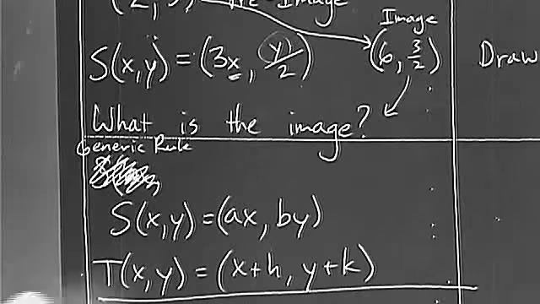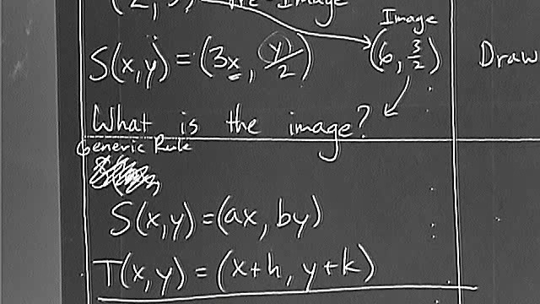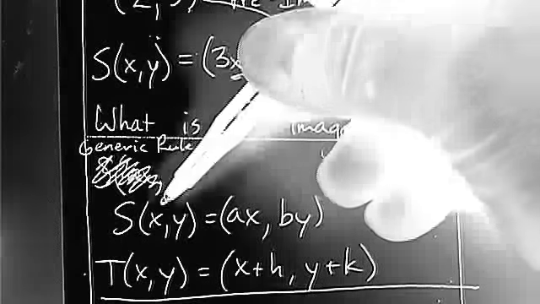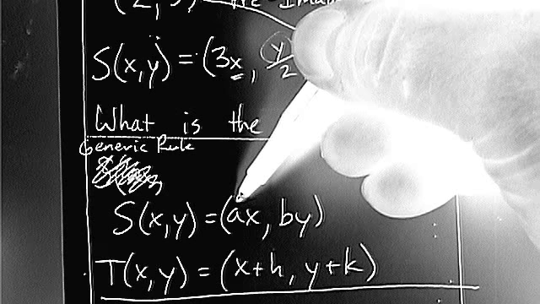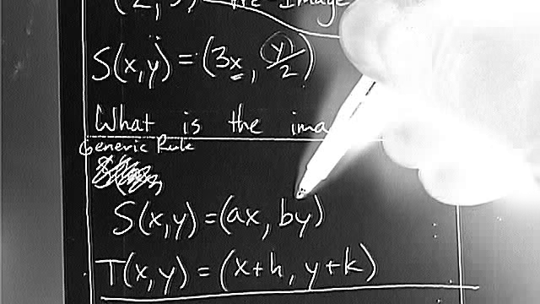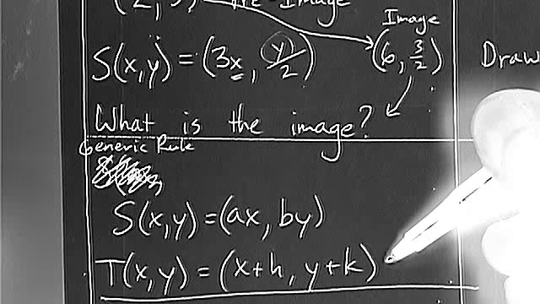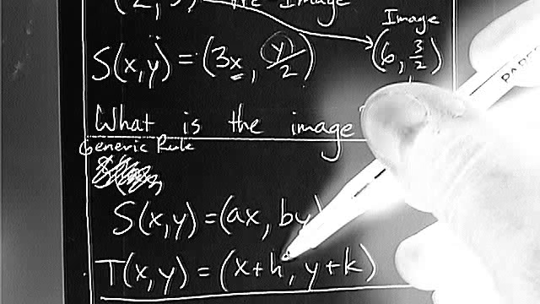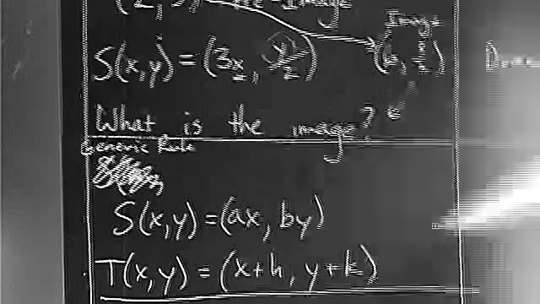So let's just review our generic rules of scale changes. A generic scale change looks like this. It takes any point x, y, and it multiplies the x value by some number, we'll call it a, and it multiplies the y value by some number, we'll call it b. That's a little bit different than our translation rule, which took x and y and added h, which is the horizontal shift, and added k, which is the vertical shift.